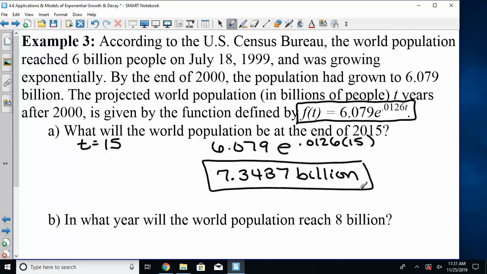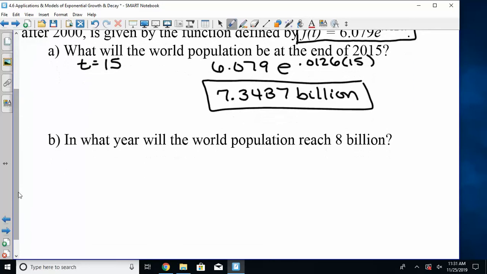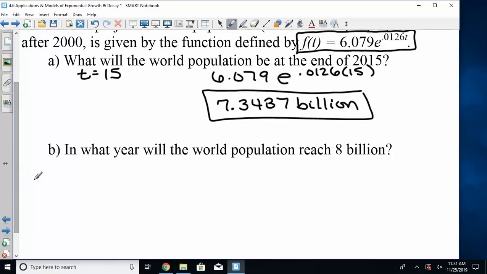Part B. In what year will the world population reach 8 billion? So what do I do there? Right, the 8 is your f of t. We have to divide.